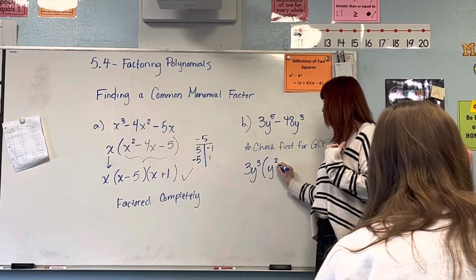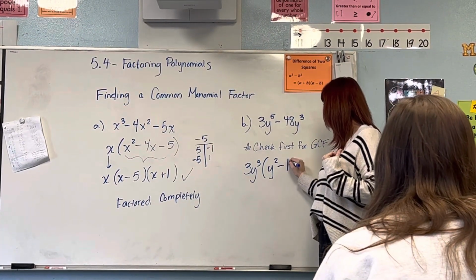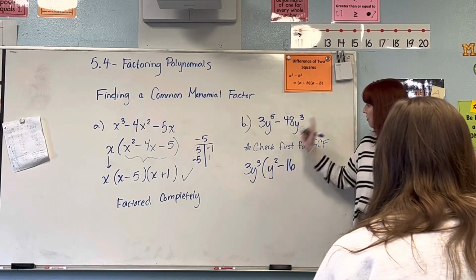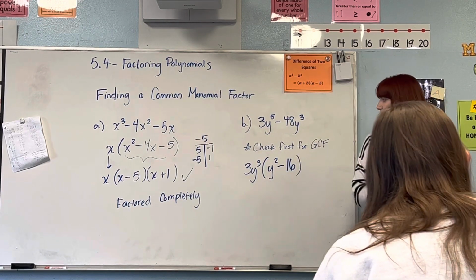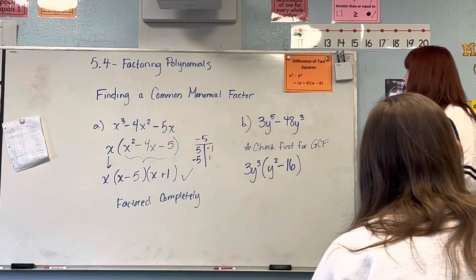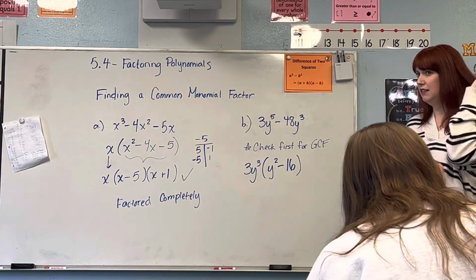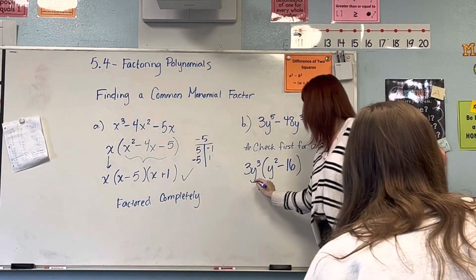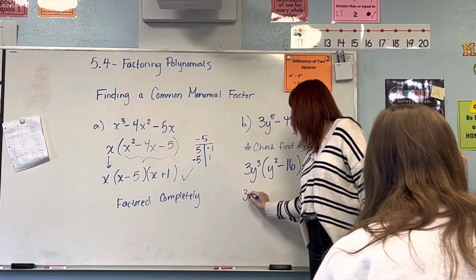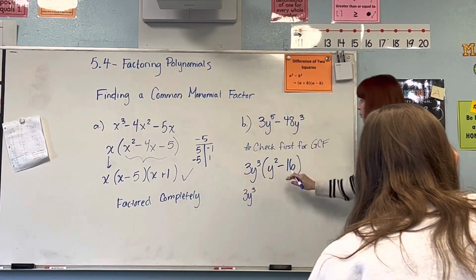And then 48 divided by 3 is 16. And the y to the third cancels out. Makes it easy. And now we have to do the wonderful undistributed property on this one. Alright, we can factor this.